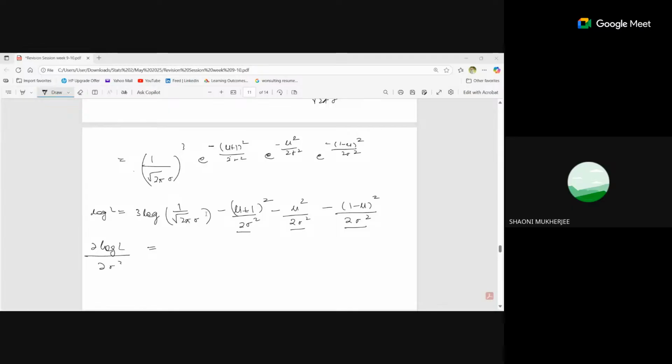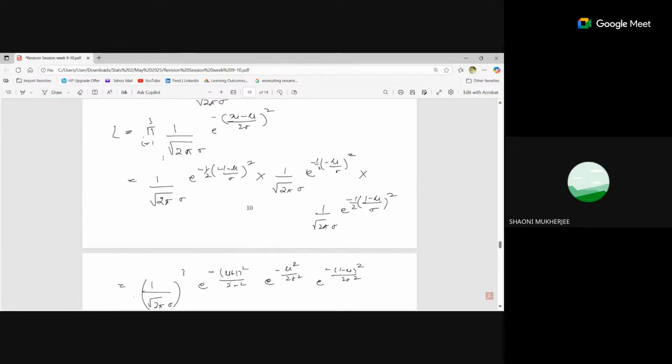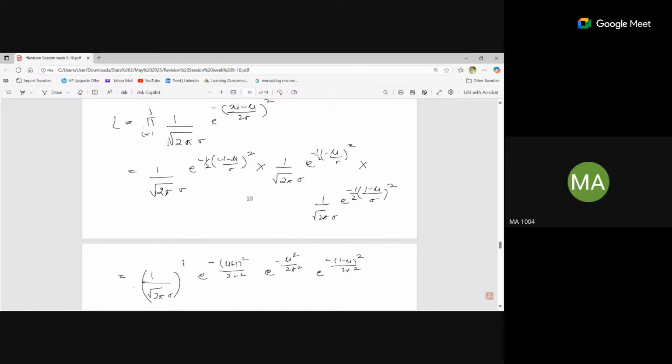Actually, I wrote the first line of this page, e to the power minus summation of (x minus mu) square by 2 sigma square, and I just added everything on top. Then I took minus 1 by 2 sigma square common, with 1 minus mu, 1 minus mu in the bracket, the same thing you wrote.